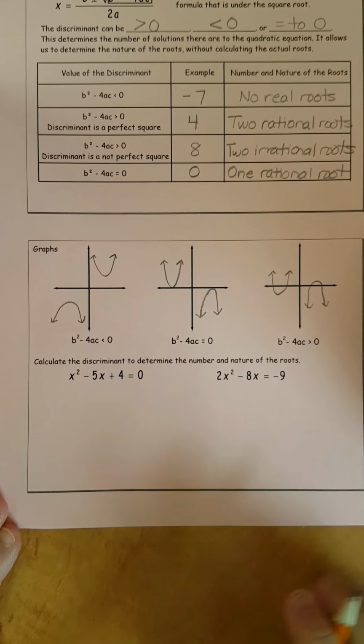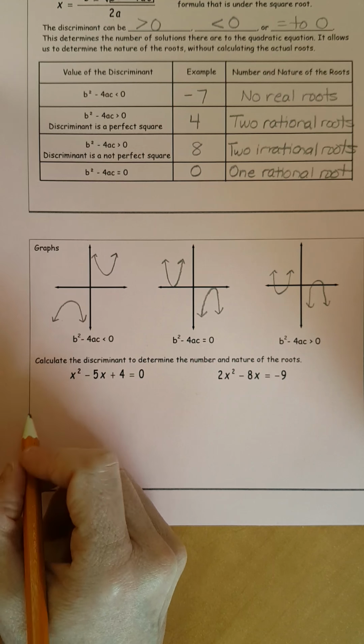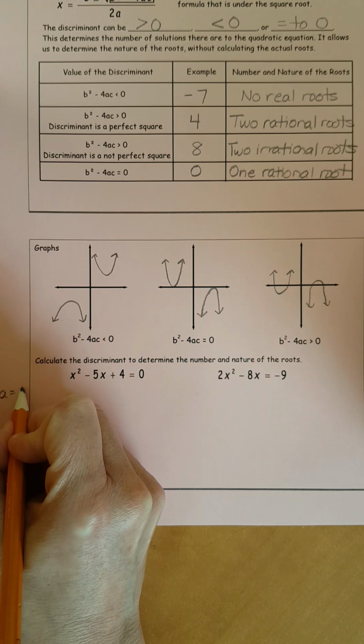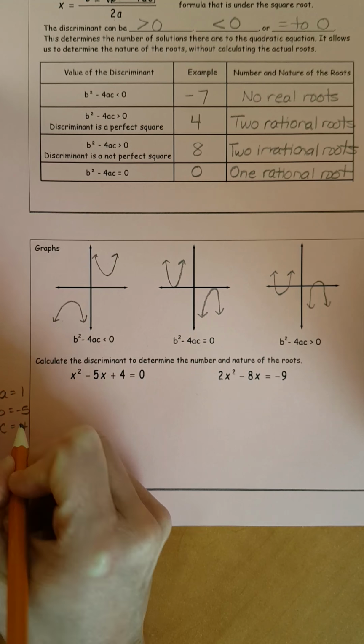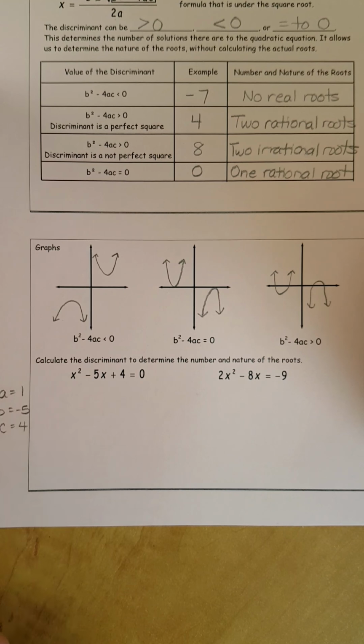It's not necessary to identify the ABC values unless you find it useful. The question says calculate the discriminant to determine the number and nature of the roots. Sometimes students will solve, which I'm not interested in, and then tell me that x equals. We can't do that.